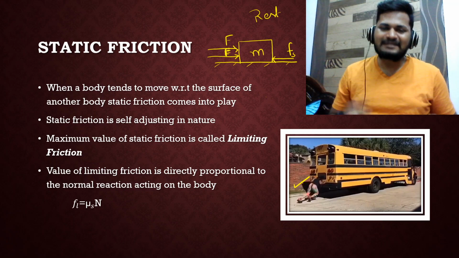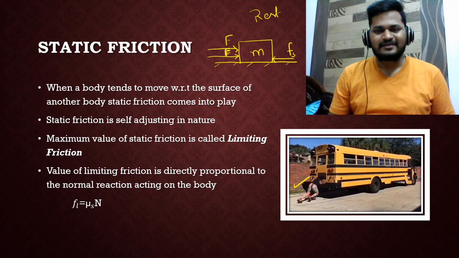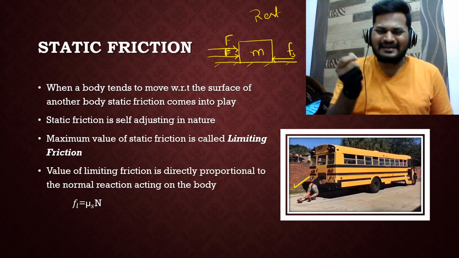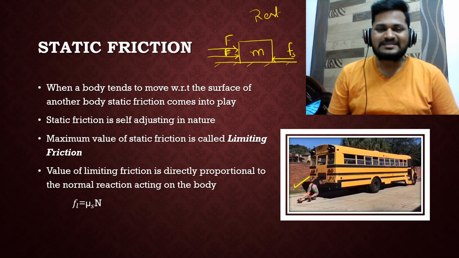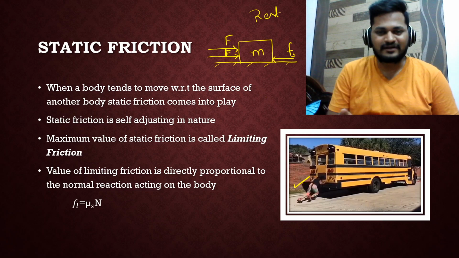Now say I exerted 3F, still it is at rest, then static friction is 3F. Now I applied 10F and the block is about to move. Even if I exert a little more force, the block will start moving. That means that is the maximum value of static friction, 10F, in this particular example.